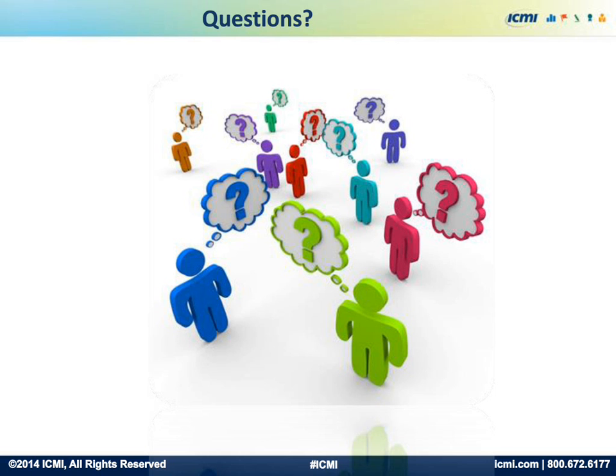The other part is sometimes it may require a new kind of application. So, for example, if today you're a voice-only contact center, email may be being handled by a third-party company, or you may not be doing web chat at all. So as you look at the possibilities for proactive engagement in your business, you may find that there are channels that you're not using today that would make sense from a proactive engagement standpoint.